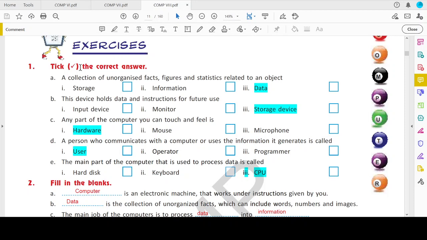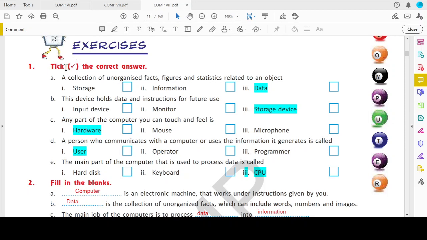You can see I have already marked the short answers in the book, which are highlighted or written in the right places. So you can mark the answers in your book, and while discussing I will tell you the reasons behind the answers. Okay, so let's start with the discussion of exercises.